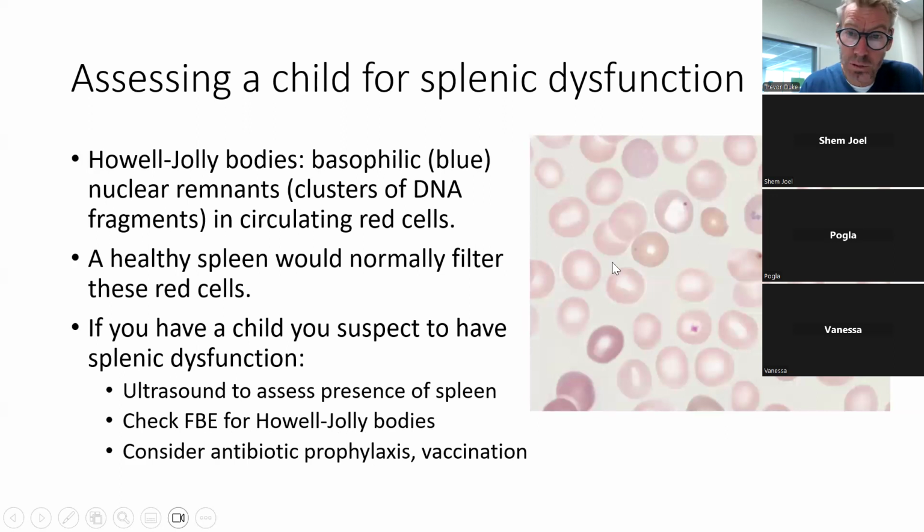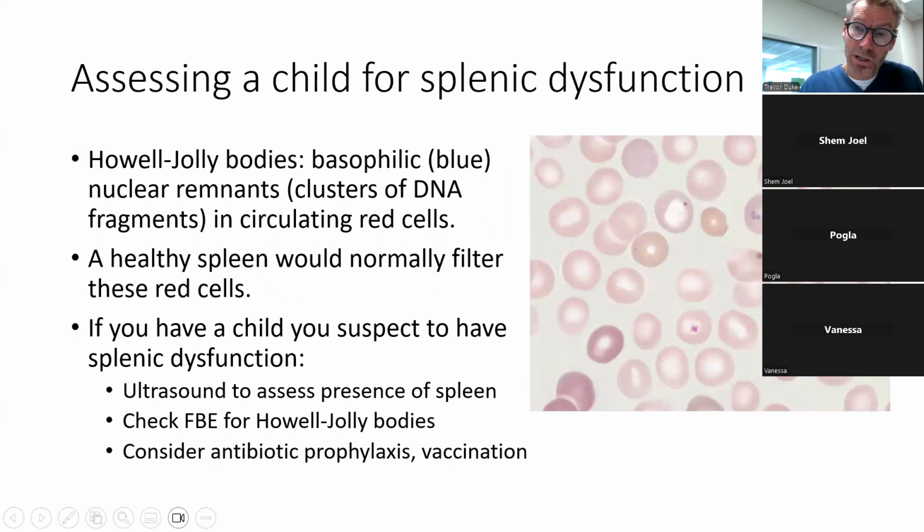Now Howell-Jolly bodies are these red cells in a patient with asplenia. Normally there's no nucleus in the red cells, but remember, red cells, when they start their life, usually before they're released into the circulation, do have a nucleus, and then the nucleus involutes.